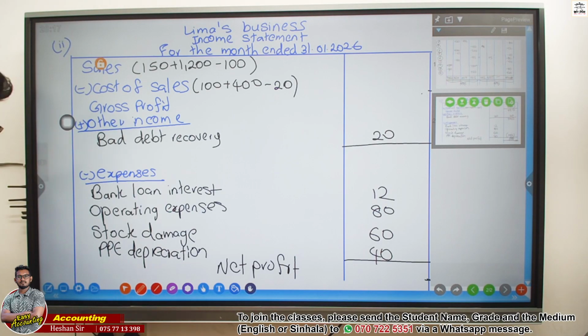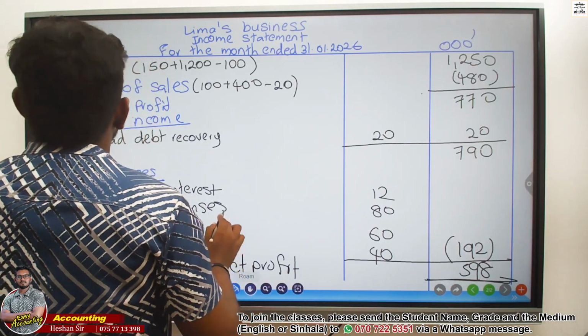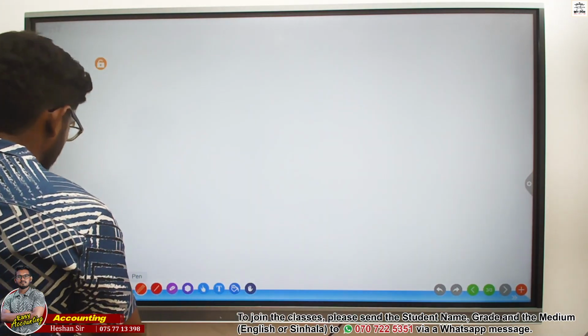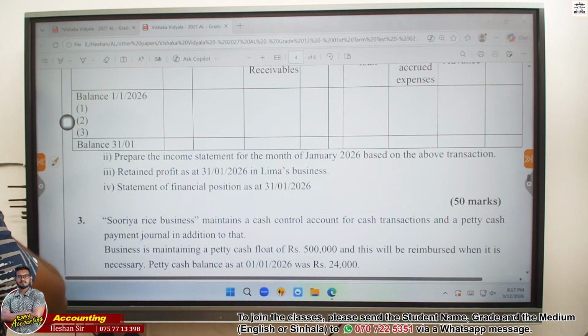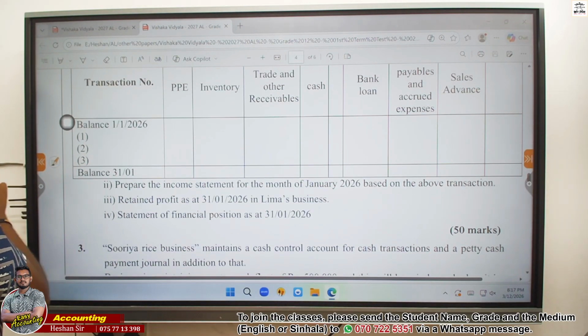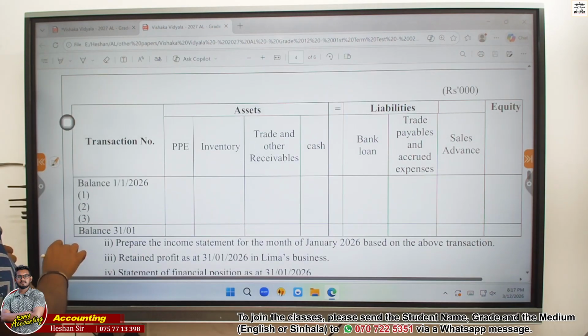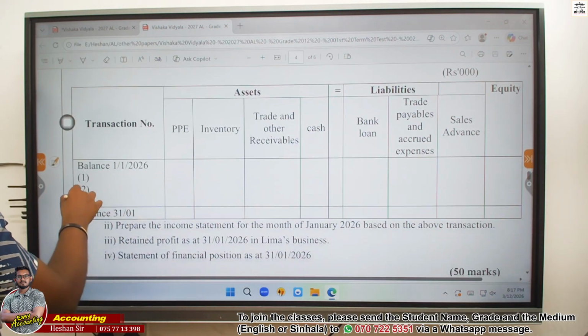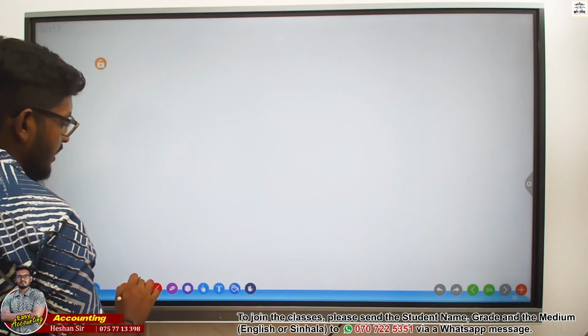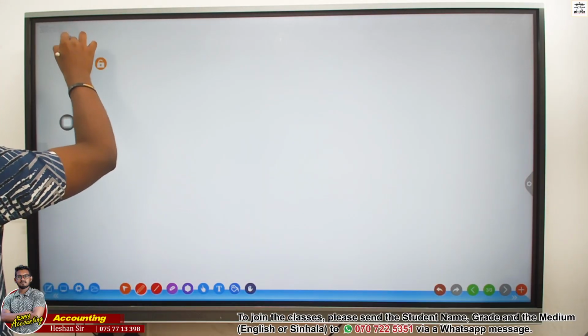Here also they are asking for the retained profit. Roman number three is asking for the retained profit. Roman number one is to prepare this one, number two is to prepare the income statement, and Roman number three is to calculate the retained profit.